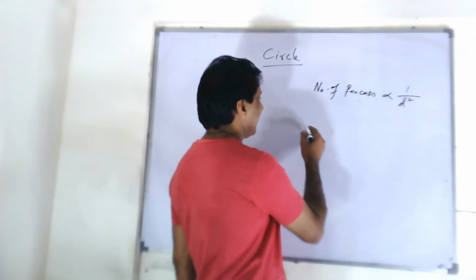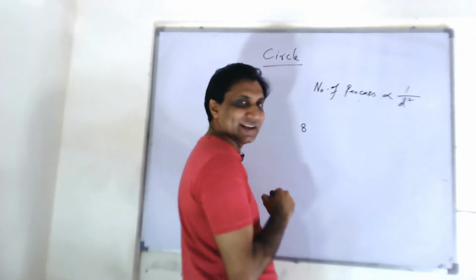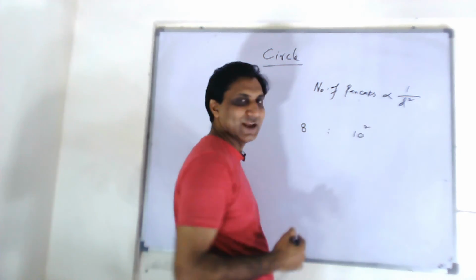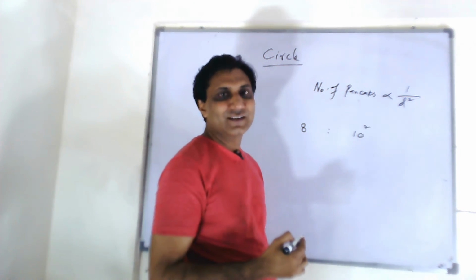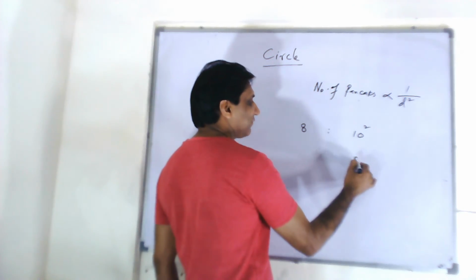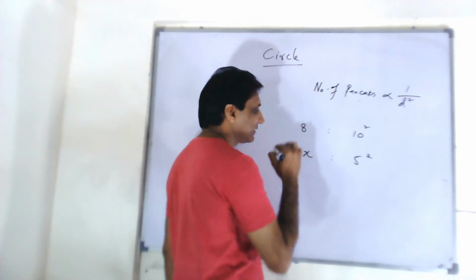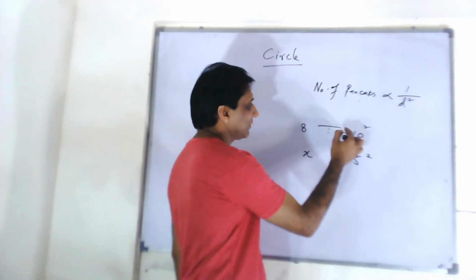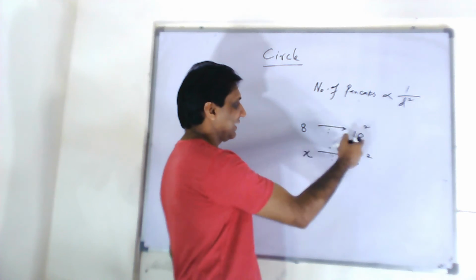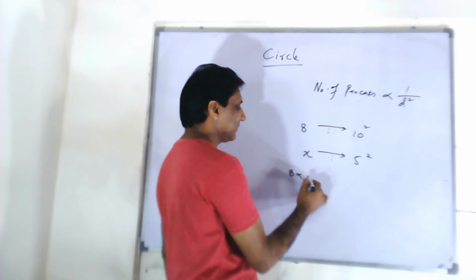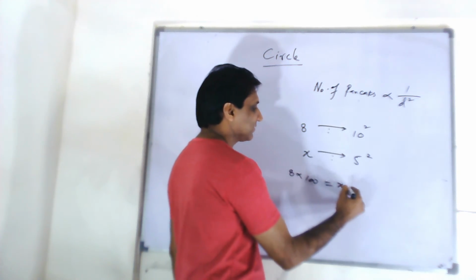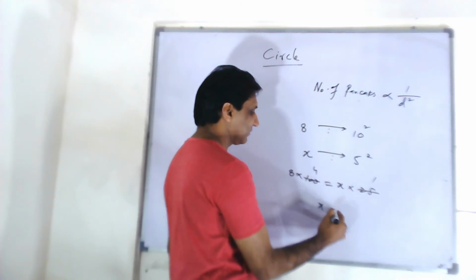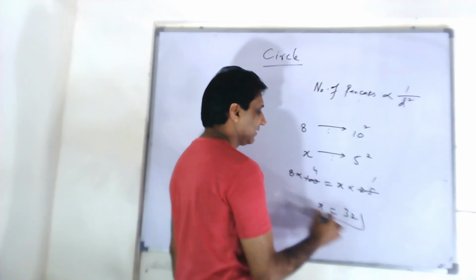So here we have the number of pancakes is 8 and the diameter of each is 10. So you have to take the square of 10. Now the diameter is 5, so how many cakes will there be? Because this is inversely proportional, you have to multiply these two and these two. 8 times 10 squared is 800 and x times 5 squared is 25x. 25 times 4 is 100, x is equal to 8 times 4 is 32.